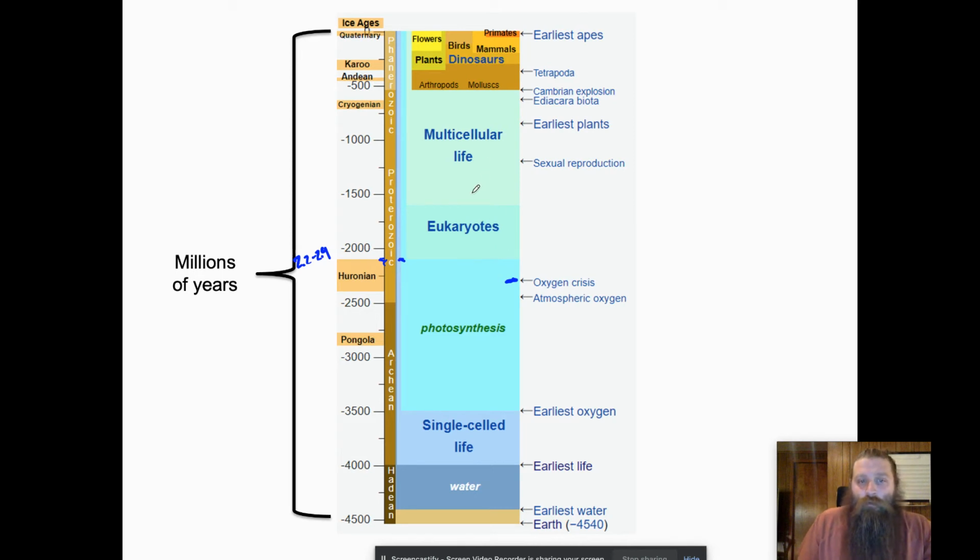Eukaryotes have a good run. You get multicellular life around 1.7, we'll say, billion years ago. Okay, and then we have multicellular life, and then, what's that, 500 million years ago, you start to get the Cambrian explosion, and that's where we get animals that we're familiar with.